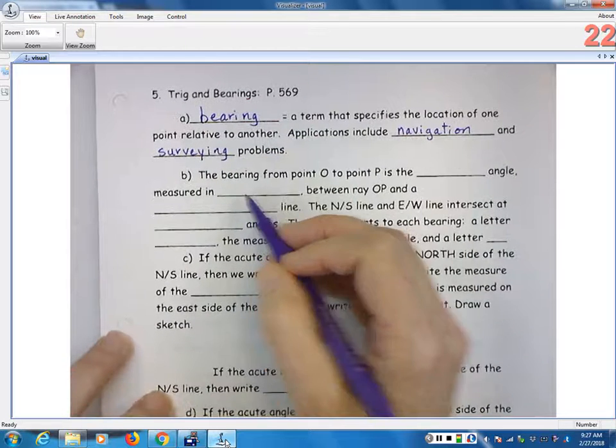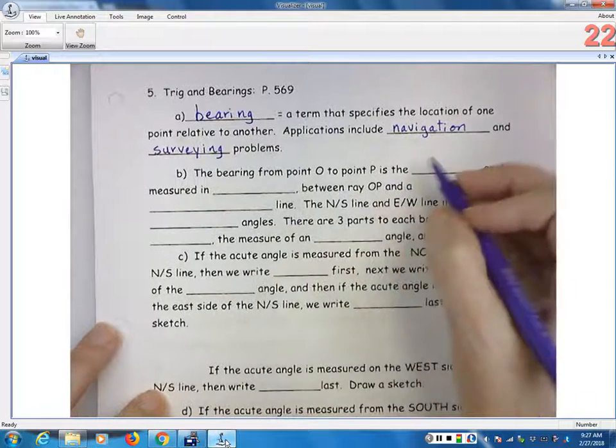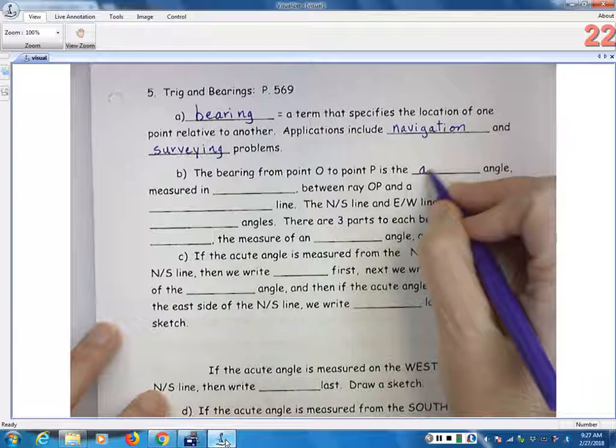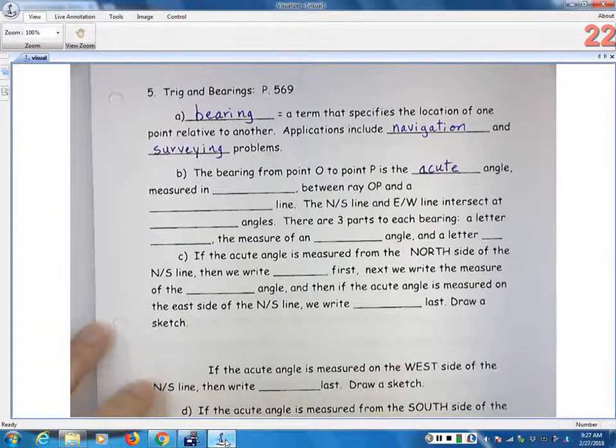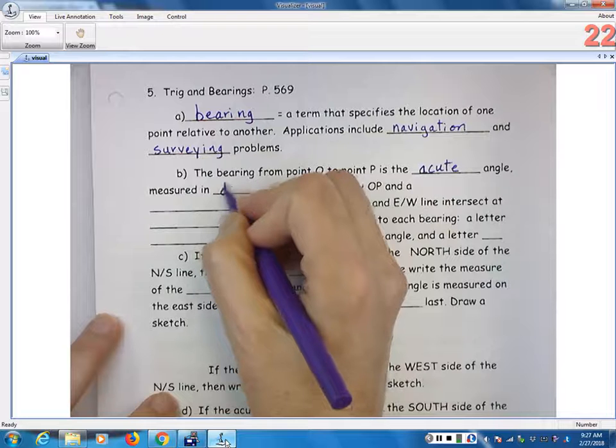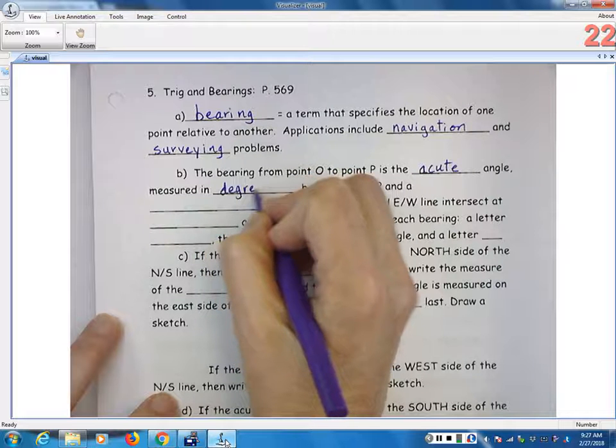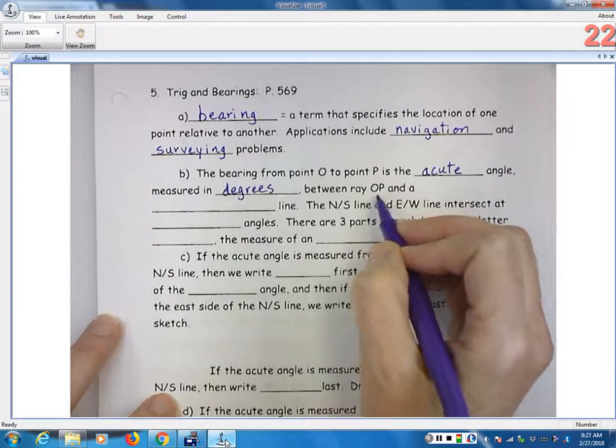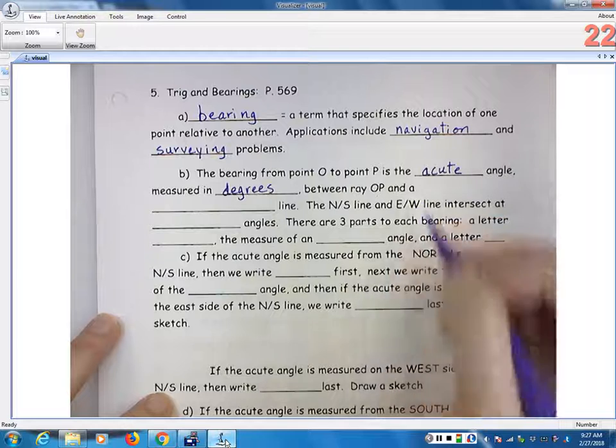So the bearing from point O to P is the acute angle, that's in how many degrees? 90. Right. Measured in degrees between ray OP and a north-south line.